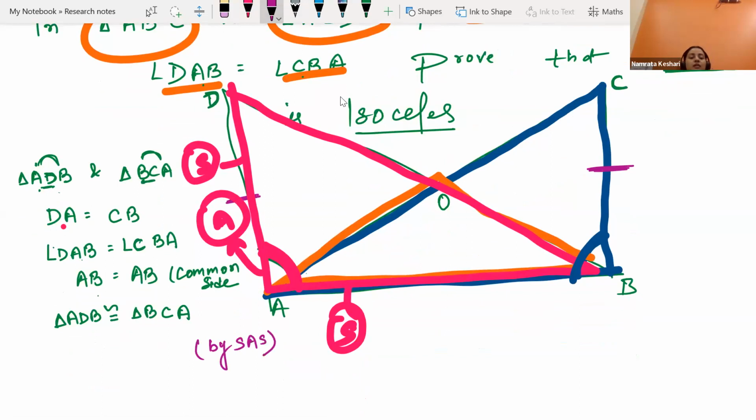Now these two triangles are congruent, but this is not the purpose. It is not written in the question to prove these two are congruent. We want to prove AOB is isosceles. After proving these two congruent, we still need to check if it is possible, and if it is not, I have to cross and rub everything out. This is how you will learn mathematics.